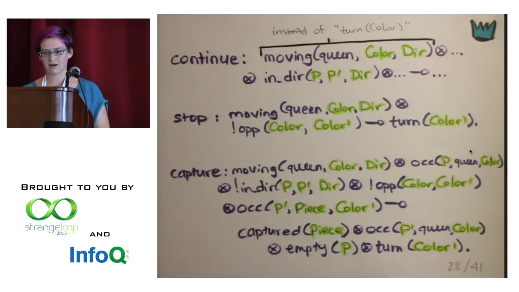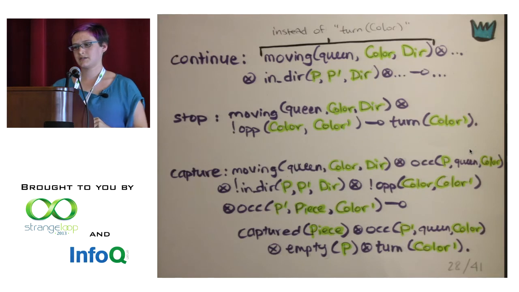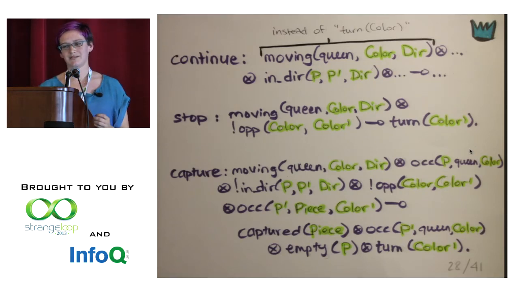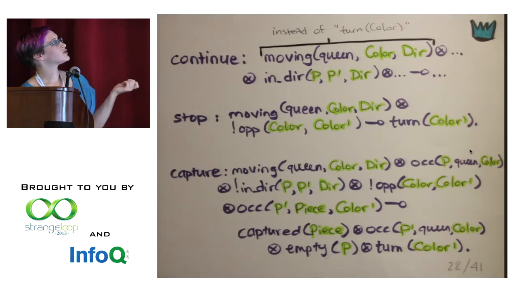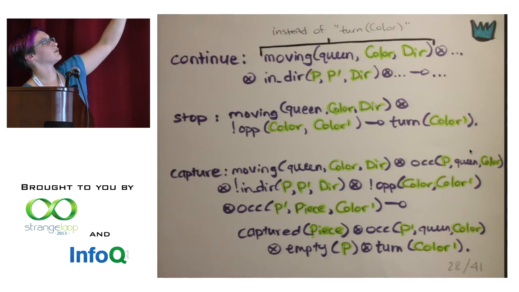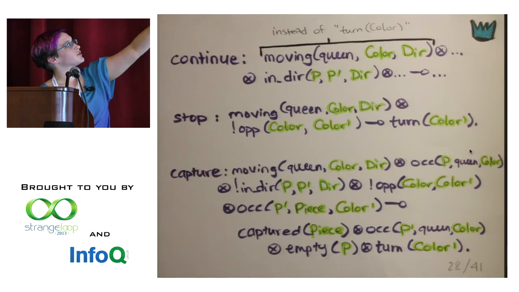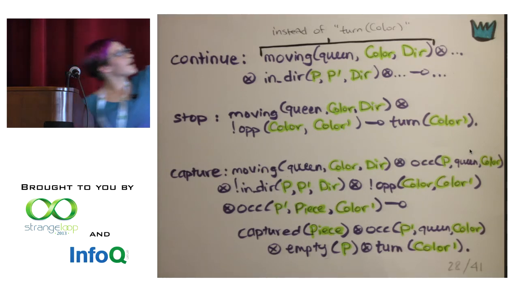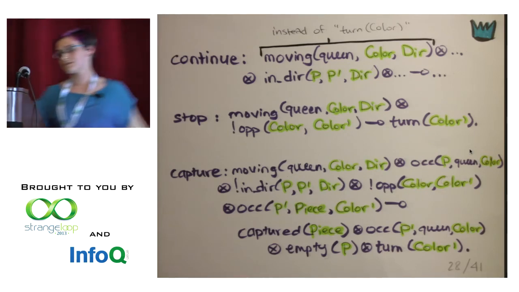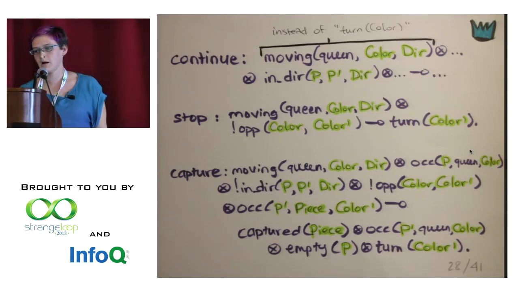Okay, these are just the remaining rules that describe queen's movement, so you can continue, which looks exactly like the initial commit rule, except that we consume moving in a direction, and we make sure that the new cell that we're moving to, P prime, is in that same direction that we were already moving.